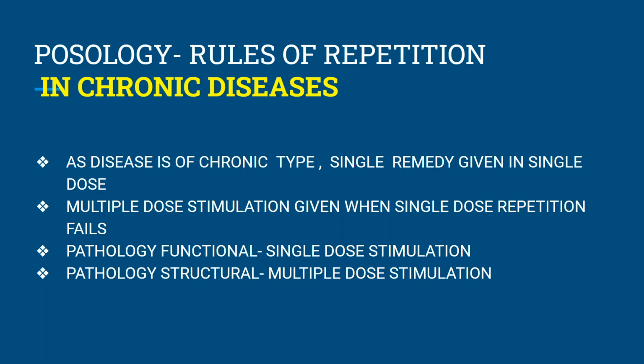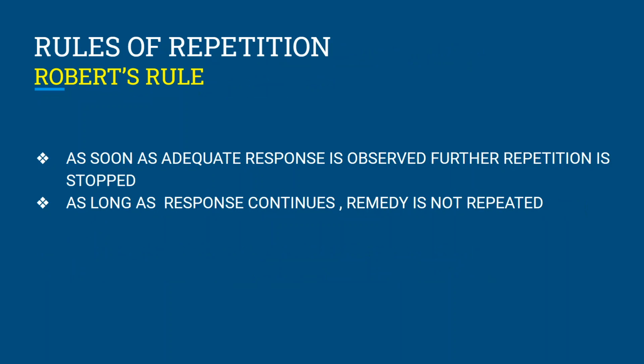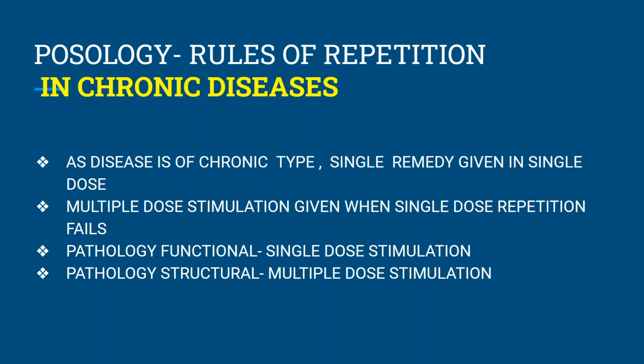Okay, so this discussion was on posology. What is high potency, medium potency, low potency, their indications, contraindications, and various rules of repetition. Roberts' rule of repetition is as soon as adequate response is observed, further repetition is stopped. So as long as response continues, remedy is not to be repeated.